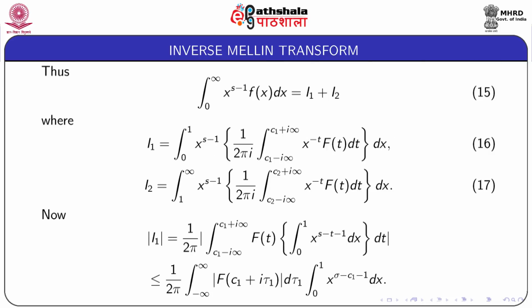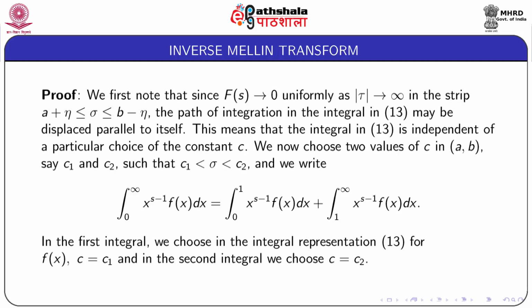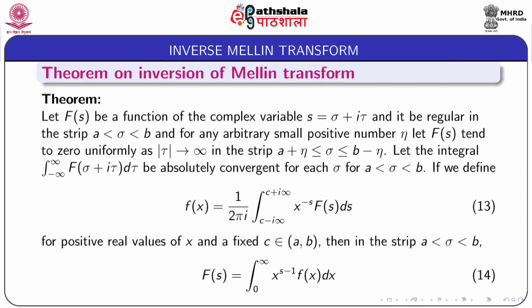where I1 is the integral from 0 to 1 of x to the power s minus 1 into 1 by 2 pi i times the integral from c1 minus i infinity to c1 plus i infinity of x to the power minus t capital F(t) dt dx, as given in equation 13. That means we have taken I1 as this integral and here we have substituted f(x) from equation 13 with c equal to c1.